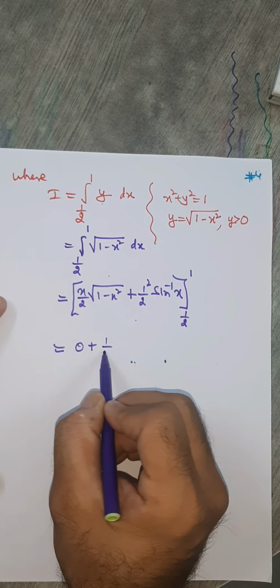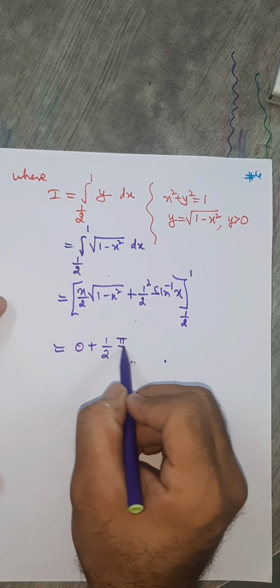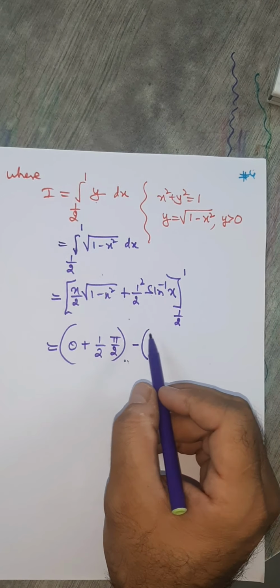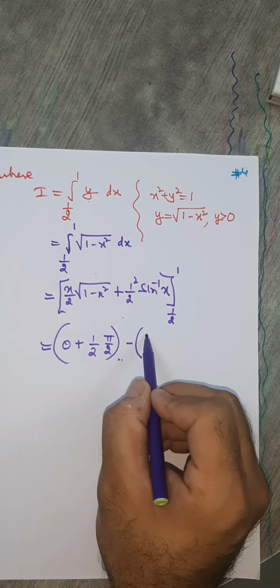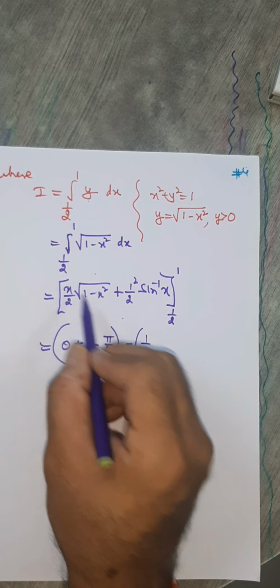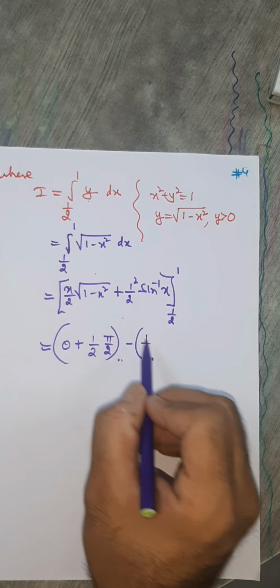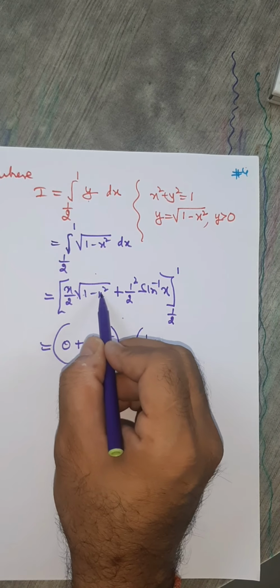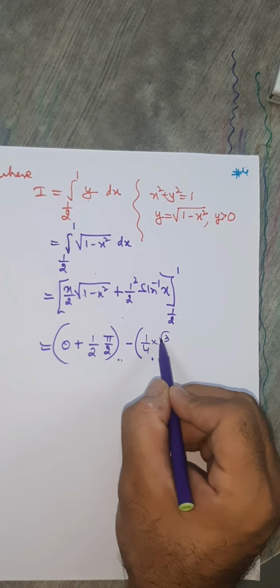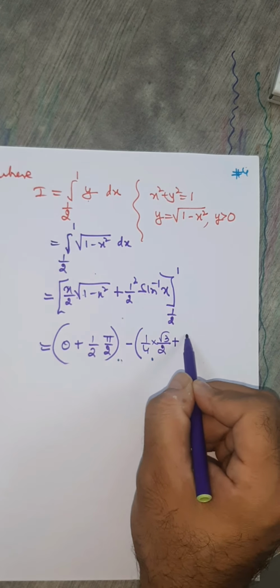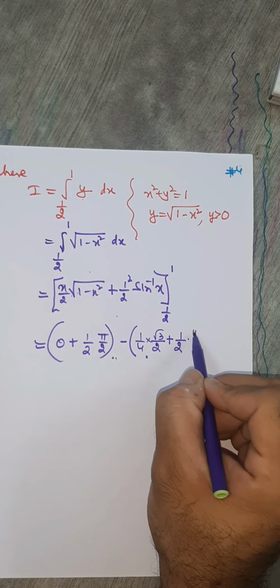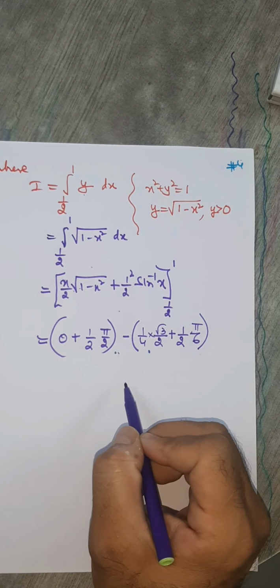This is 1/2 into sine inverse 1, which is pi/2, minus, let me put 1/2 here. So this is 1/2 if I'm putting here. So it will be 1/4. This would be 1 minus 1/4, that is root 3/2 plus 1/2 into sine inverse 1/2, which is pi/6.